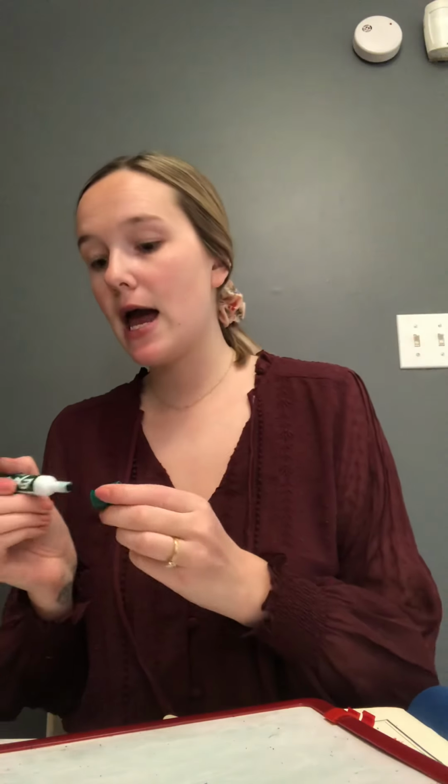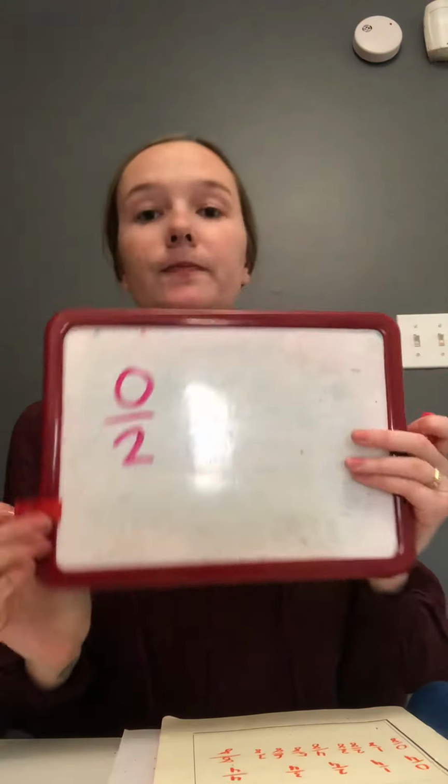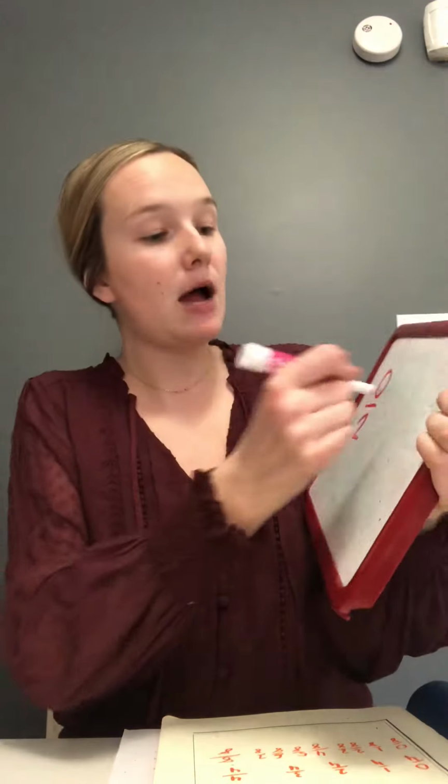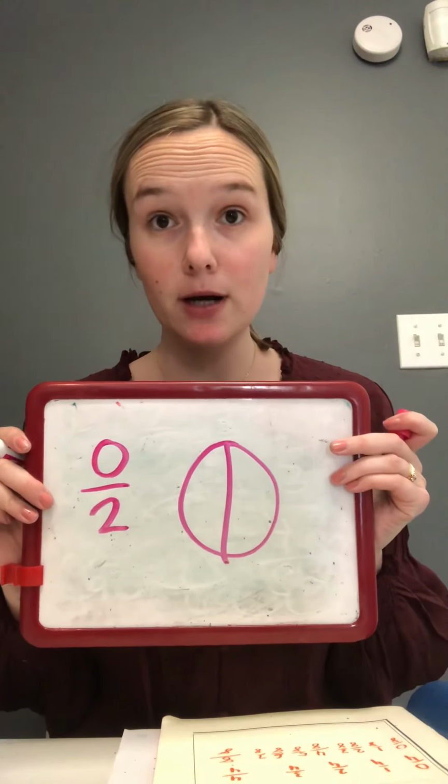So I'm going to show you 3 different fractions, and we are going to order them together from the smallest to the biggest. Okay, so the first fraction I'm going to show you is 0 out of 2. So that would mean I have 2 pieces and 0 of them are colored in or shaded.